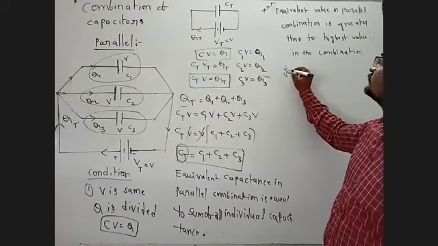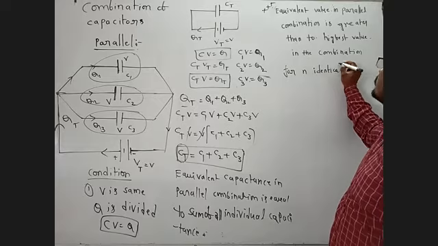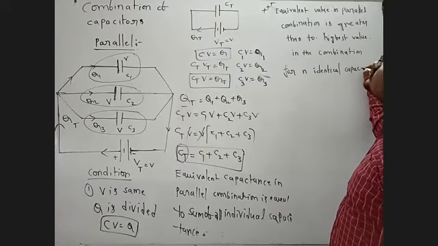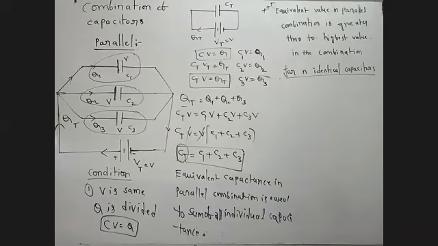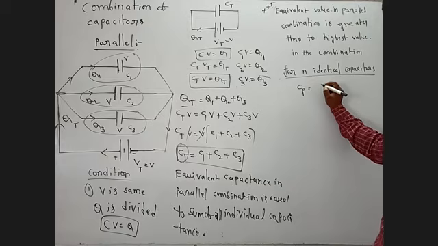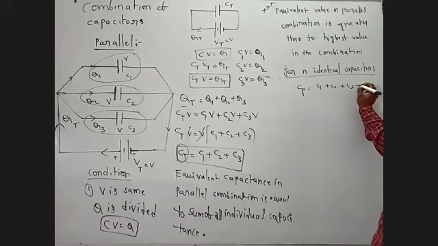For n identical capacitors, Cp is equal to C1 plus C2 plus C3 plus up to Cn.